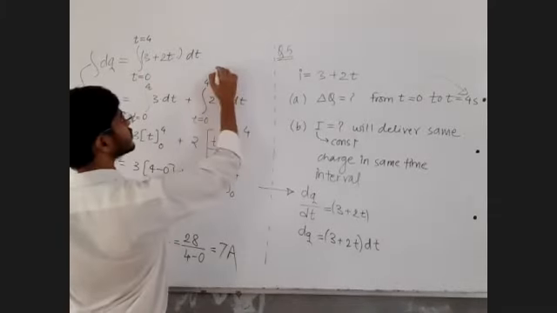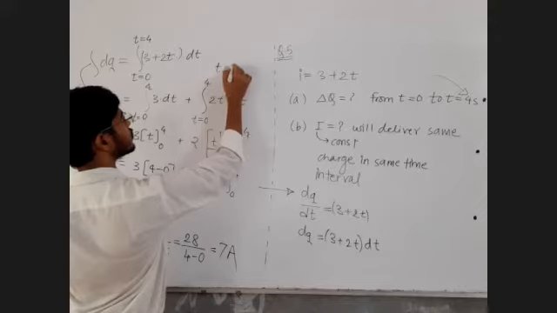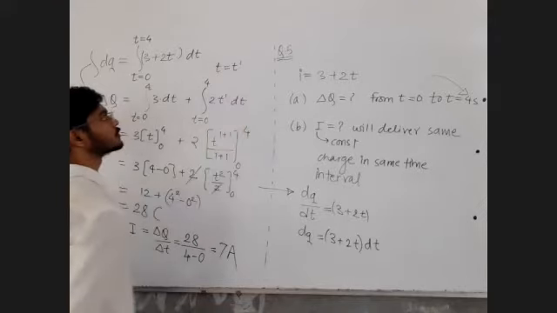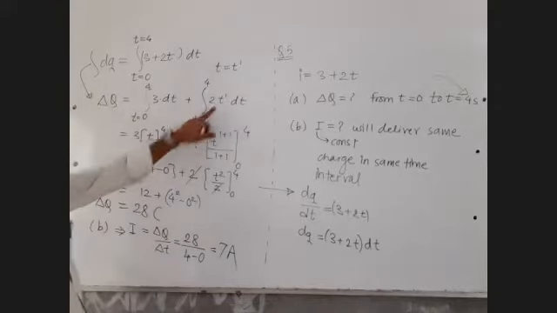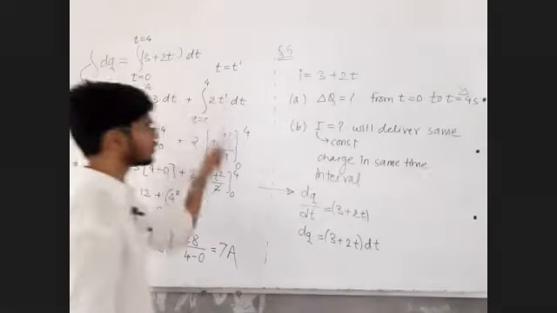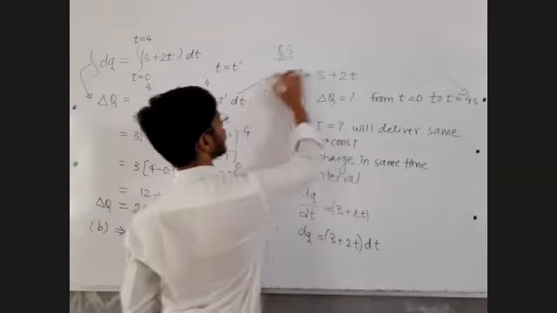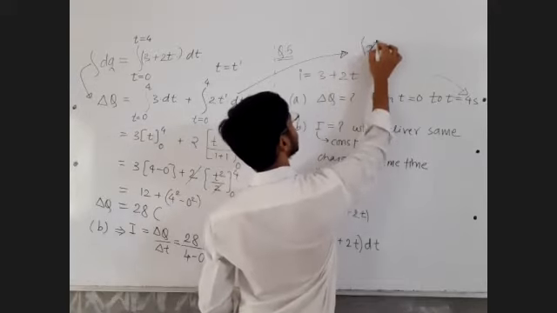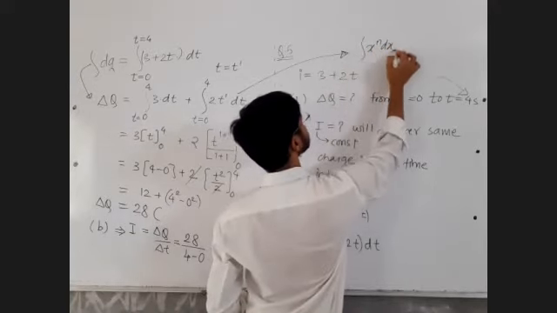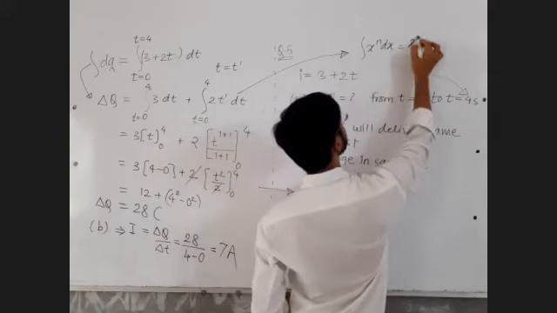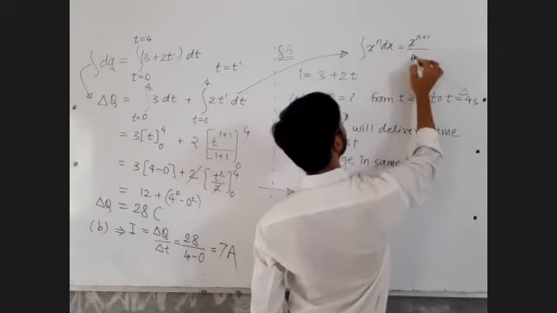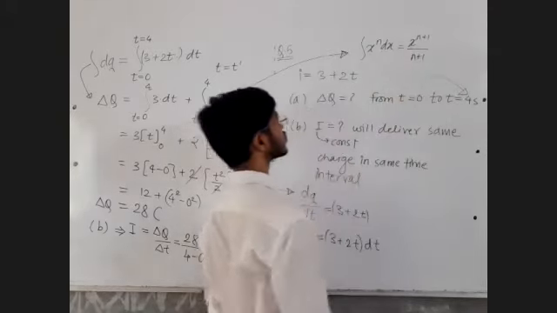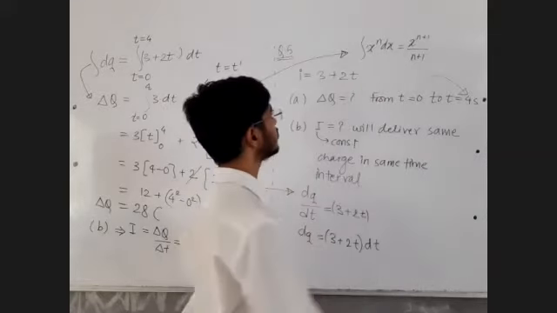Can I write t equal to t raised to 1? This has been done to make sure that we can very easily use the formula of integration. Integration of x raised to n dx is equal to x raised to n plus 1 upon n plus 1. So I should know what this n is in case of x.